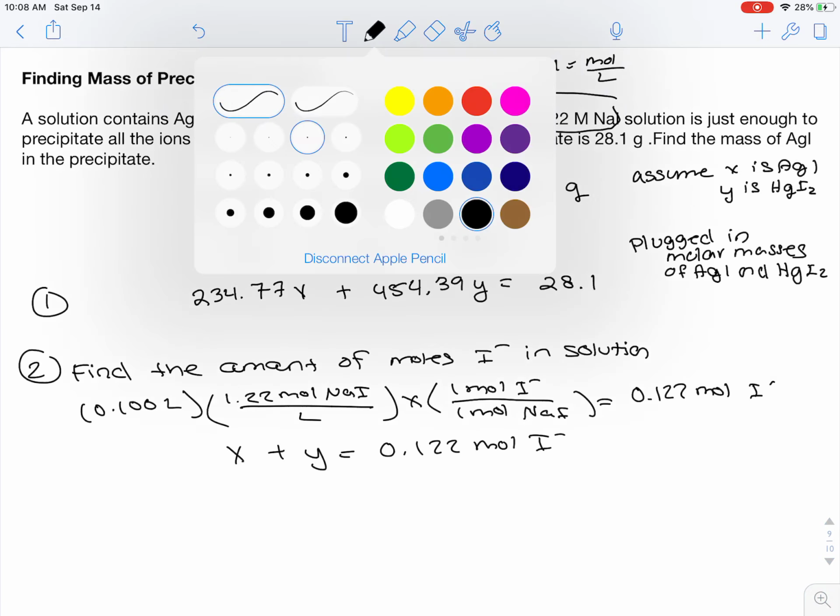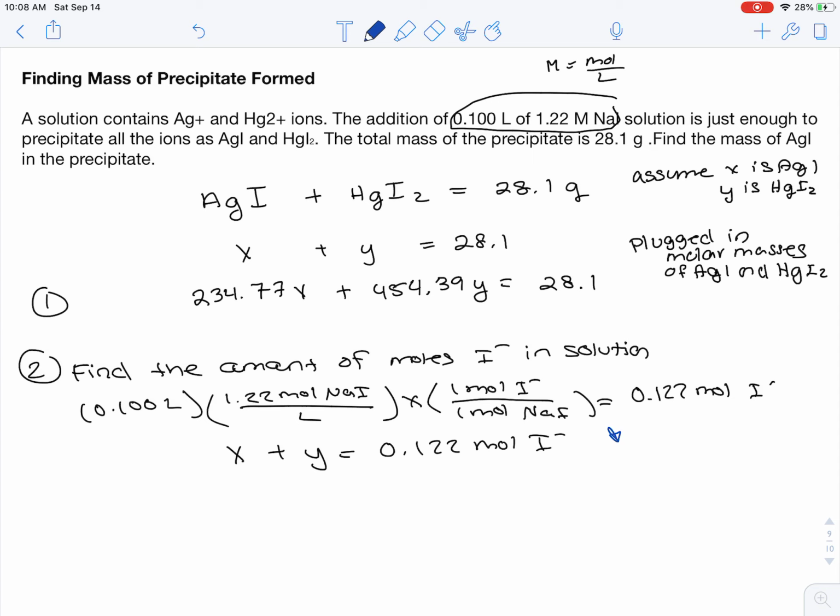Since I know iodide made both precipitates, therefore I can say that X, silver iodide, and Y, mercury iodide, is this many moles, total moles. Then you can just isolate for one variable, doesn't matter which one.